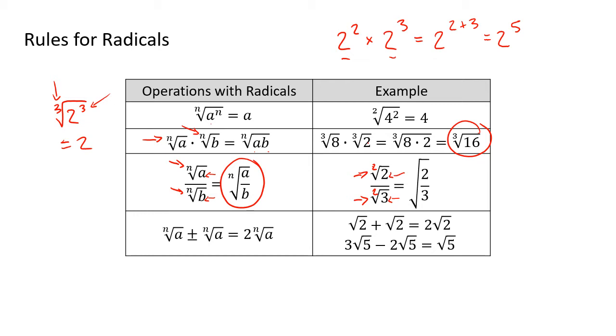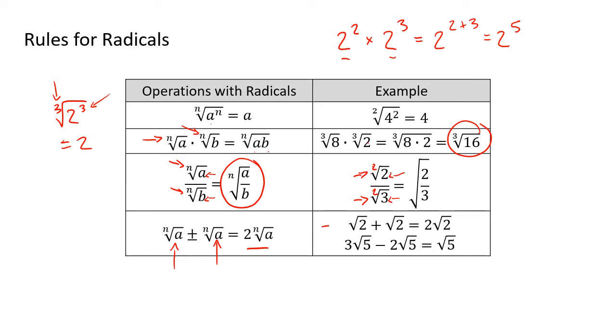Our last rules are for adding and subtracting. If we're adding or subtracting two of them, and they have the exact same number under the sign and the same order of the root, then adding them together is the same as 2 times that.